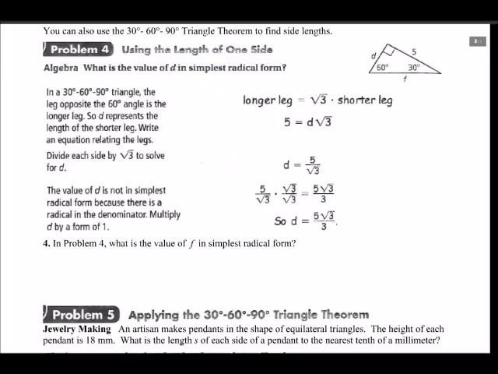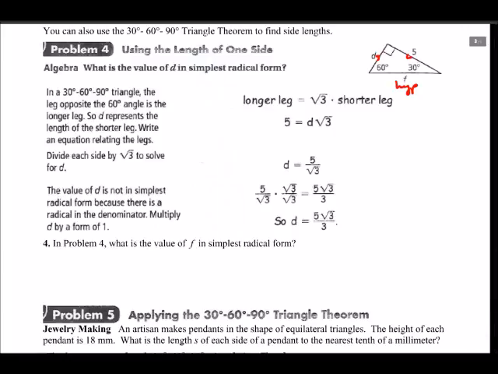We have a 30, 60, 90 right triangle, and we know that the length of one side is 5. First thing I'm going to do is find my short leg, it's right there, find my long leg, it's right there, and there's our hypotenuse.